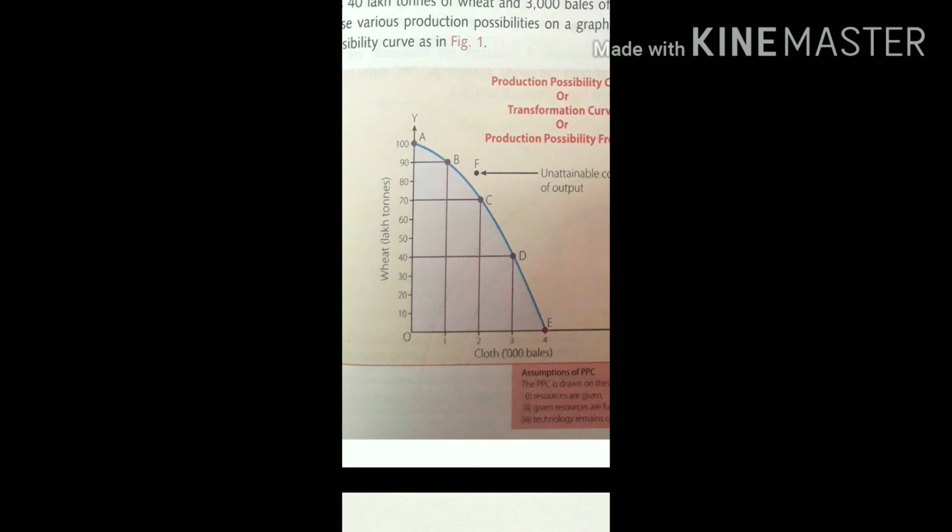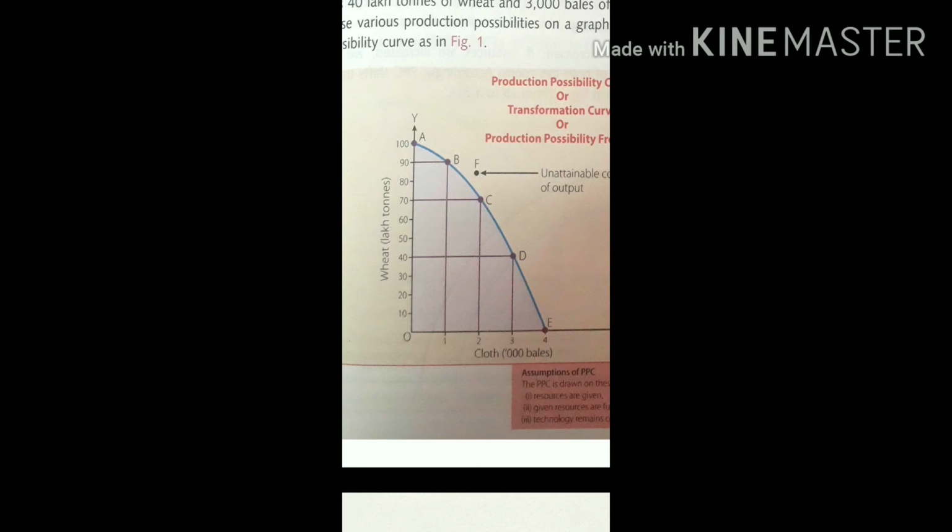As wheat comes down to 70, the production of cloth is 2. Here wheat is in lakh tons and cloth is in bales.